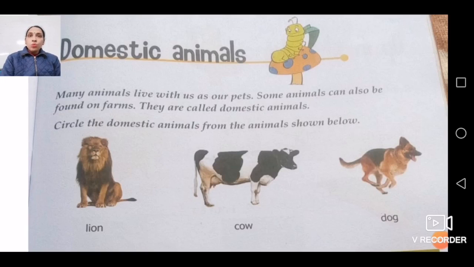And then number two, animals who live or who are found on farms, meaning the open area near our fields, or that kind of space, which you often find in villages. Those places you will not get in the cities. Those animals who live on farms are known as domestic animals.